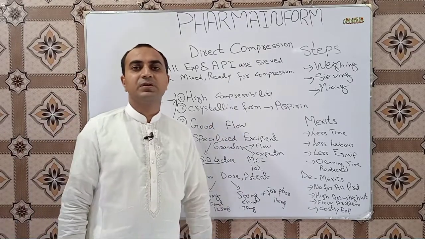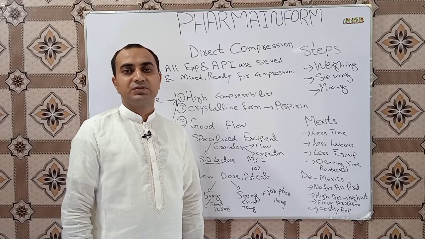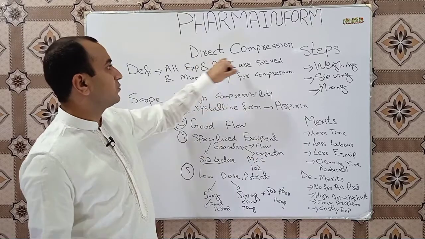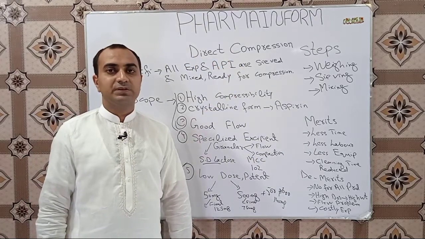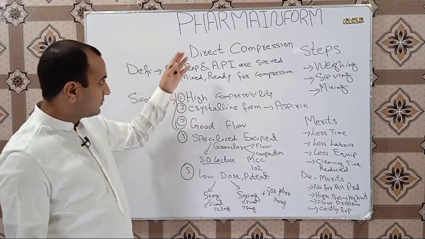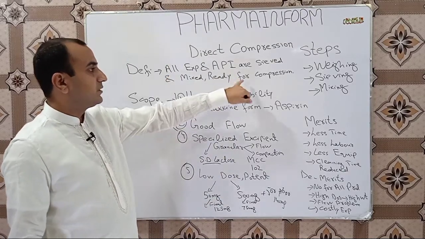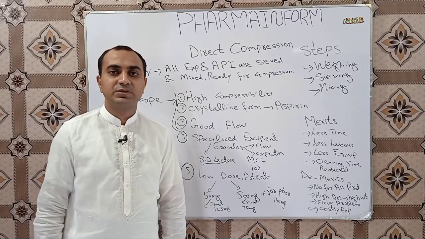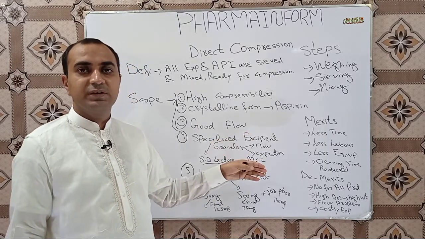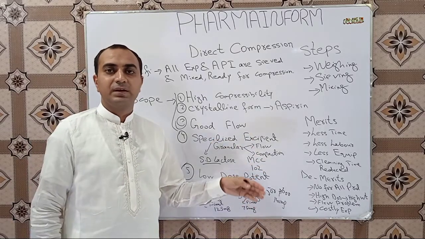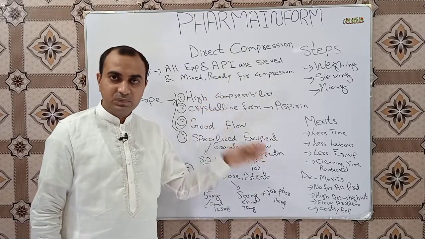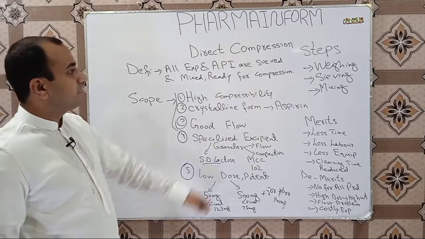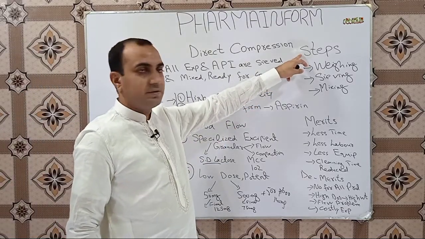That's why wet granulation and dry granulation are more commonly used as compared to direct compression. But those products which meet our criteria can easily be compressed by the direct compression method, and it can save our time and money as well.